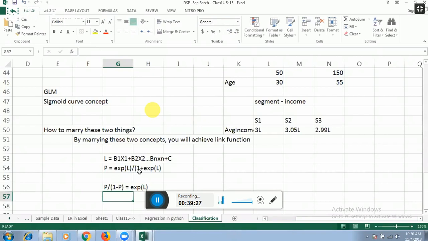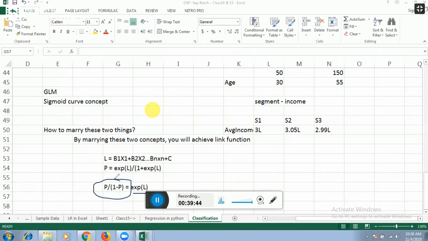If you cross multiply and do a little bit of maths, finally, if I want to calculate the exponential of L, you can get this value on the left side.